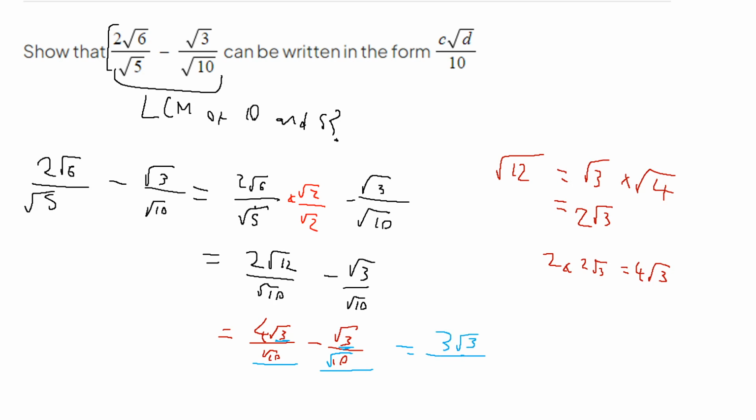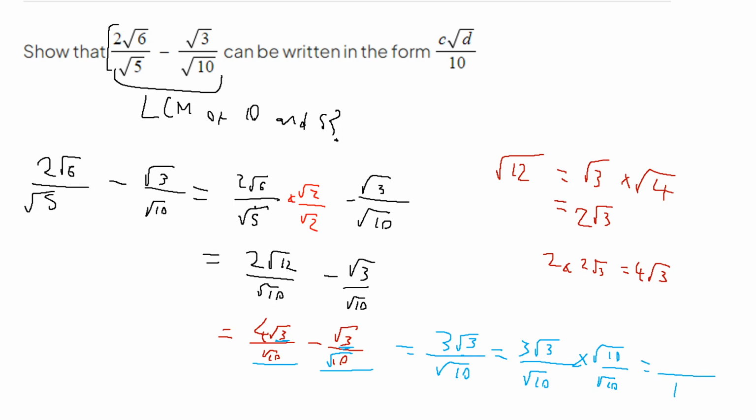And we're dividing by root 10. And now we can rationalize the denominator. So that's the same as 3 root 3 over root 10, and we're timesing both top and bottom by root 10.